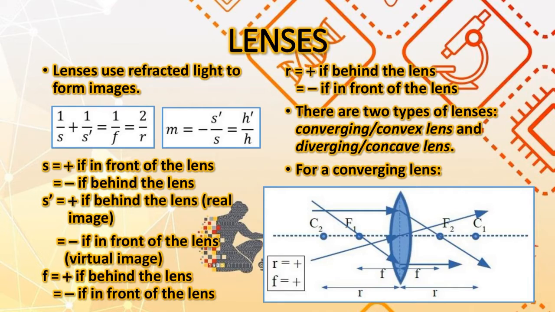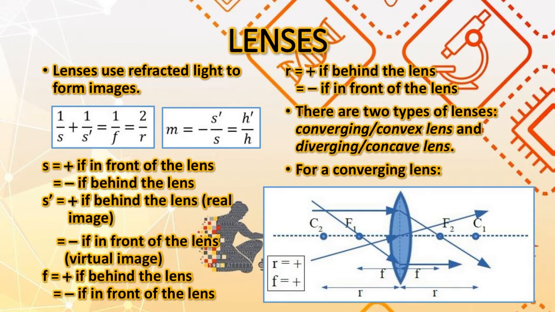Now, if you look at the image or figure provided, you see the lens. There are two capital F, F1 and F2. That's because for lenses, you have two focal points. F1 is the primary focal point, and F2 is the secondary focal point.